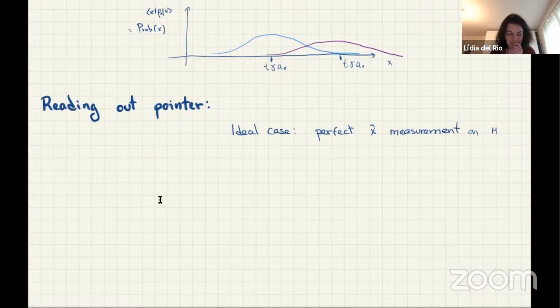So we did this interaction. Let me write it here. We start with the system and the measurement device. We did this weak interaction for a while. Now we leave the system alone, and what we'll do is measure the pointer. And because now we're thinking of the pointer as a 1D system, we're going to measure the position. And let's say that we can measure the position precisely, so we do a perfect X measurement on M, which in reality is not what's happening, right?